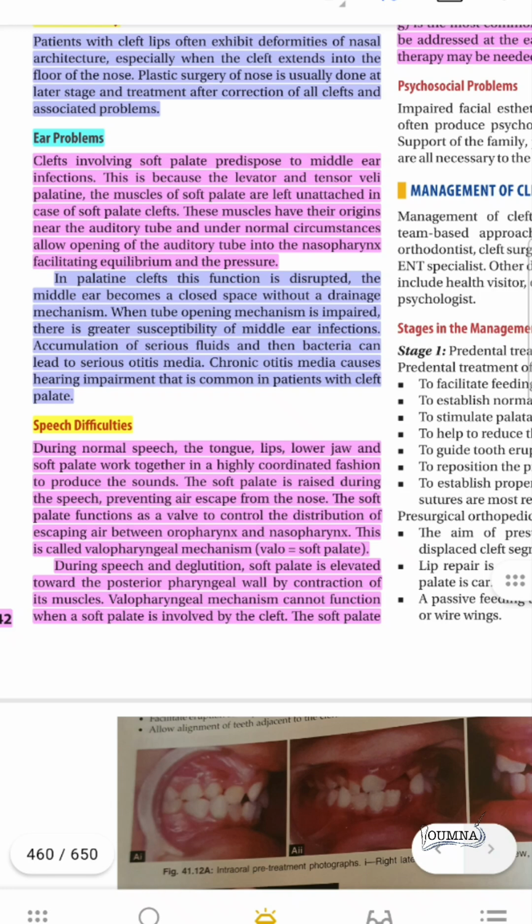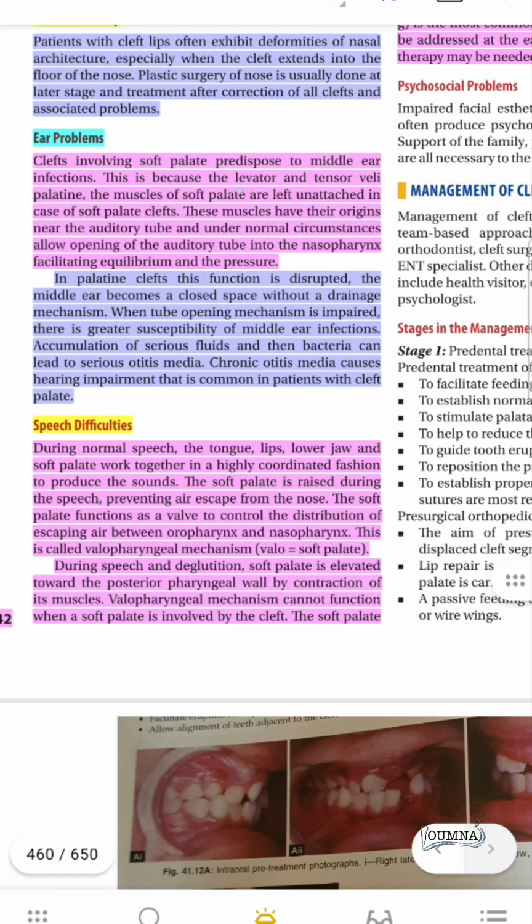About the ear problem, and this is interesting, we know that the soft palate has associated muscles that elevate it, and they are close to the auditory tube. Their function is allowing the auditory tube to open into the nasopharynx when there is a pressure change, to maintain equilibrium.